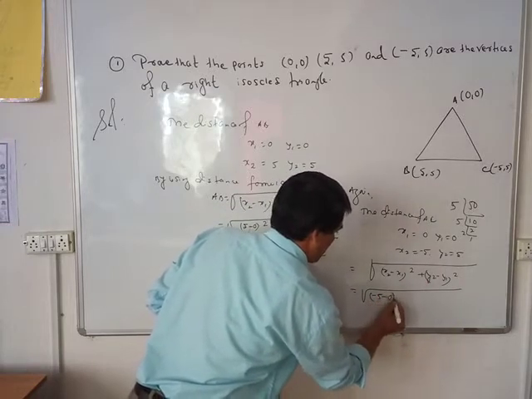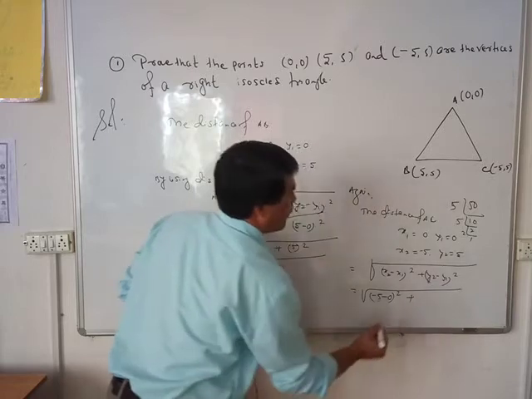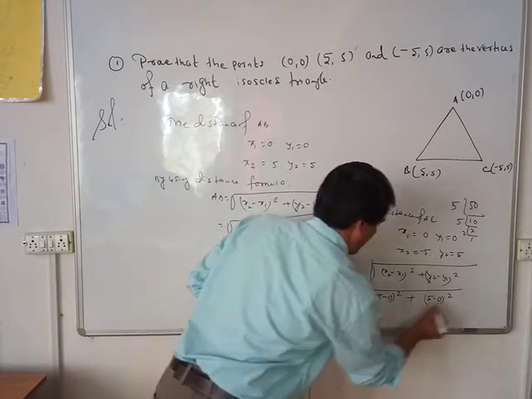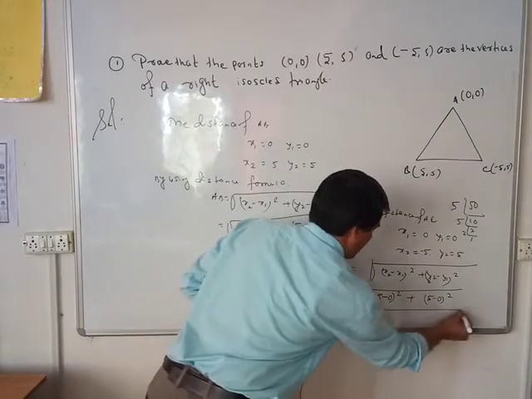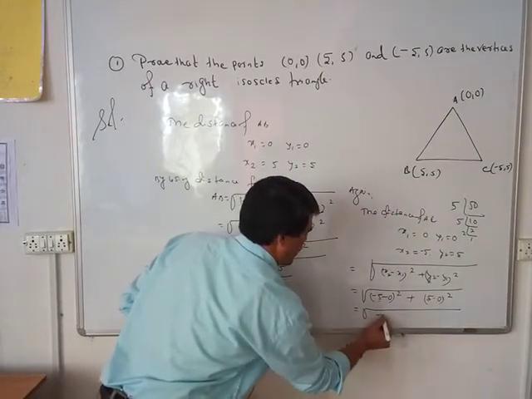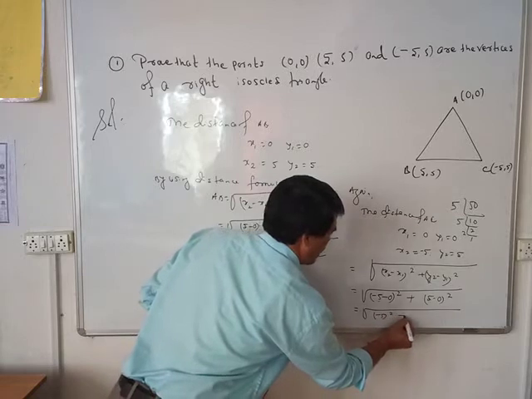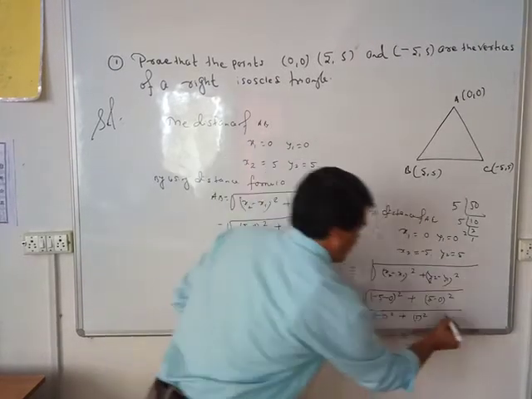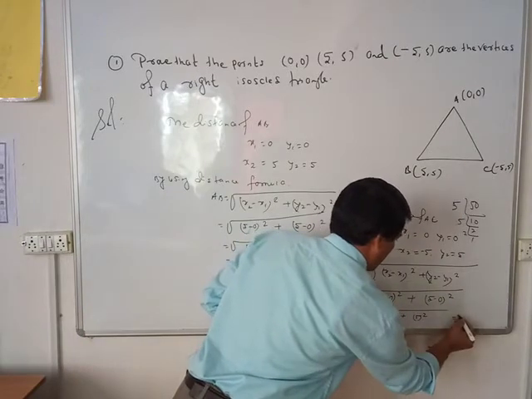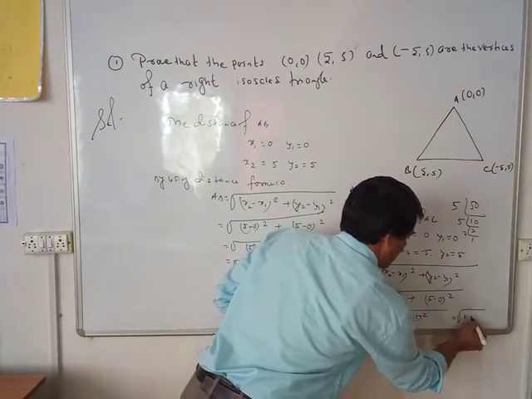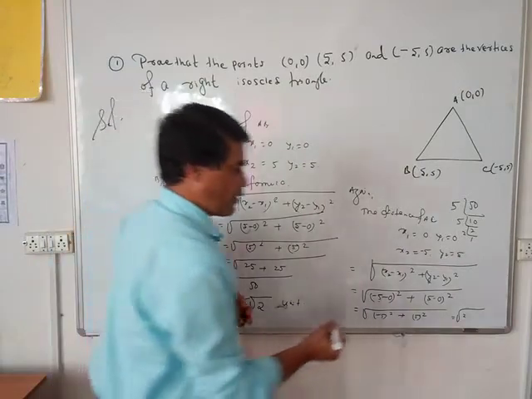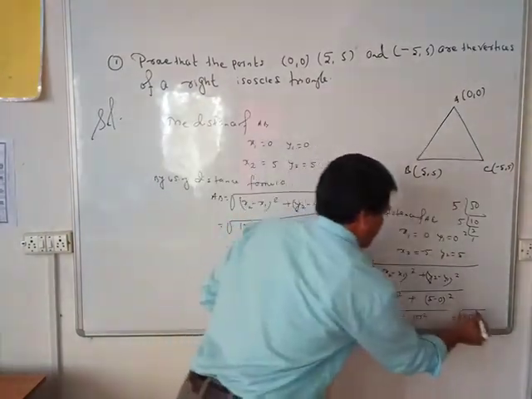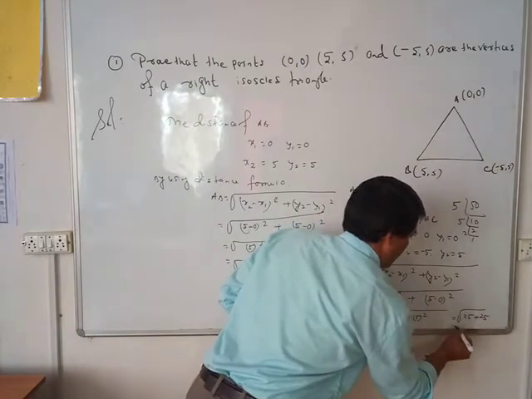Minus 5 minus 0 whole square plus y2 is 5 minus 0 whole square. Then minus 5 minus 0 is minus 5 whole square plus 5 minus 0 is 5 whole square. Minus 5 squared is plus, 5 square is 25 plus again 5 square is 25.